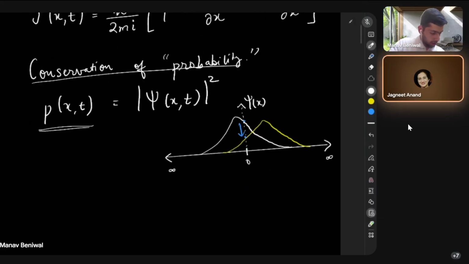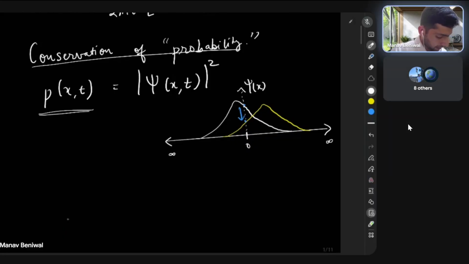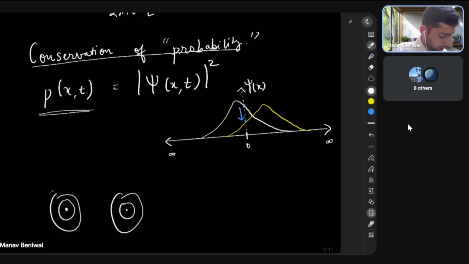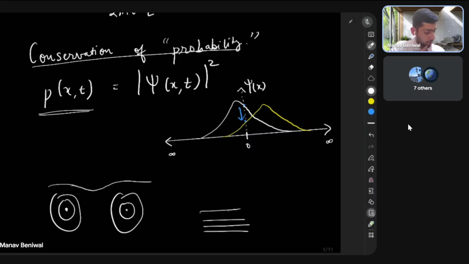For example, this is your nucleus. You'll have discrete levels, like these energy levels, but later on when they grow bigger, they'll form a band. These are core levels, and higher up you have bands. Let's say this is your valence band, this is your conduction band, and this is your band gap.